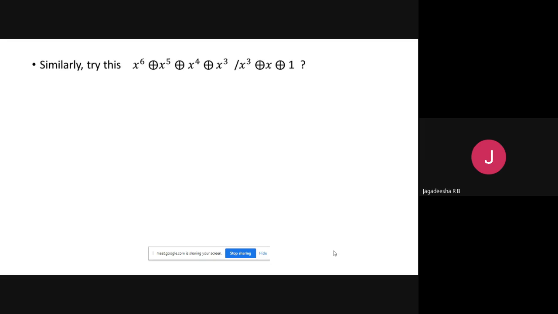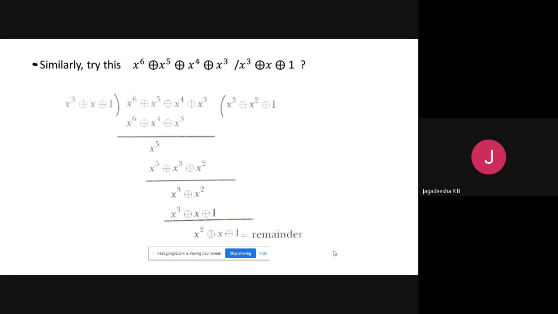Okay, you click again, slide. Yeah, here I have just pasted the solution. I cannot open the pointer, so I cannot explain you. It's fine.